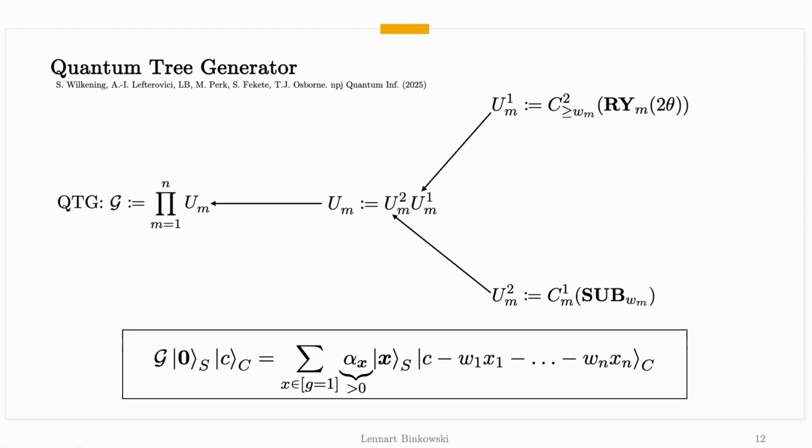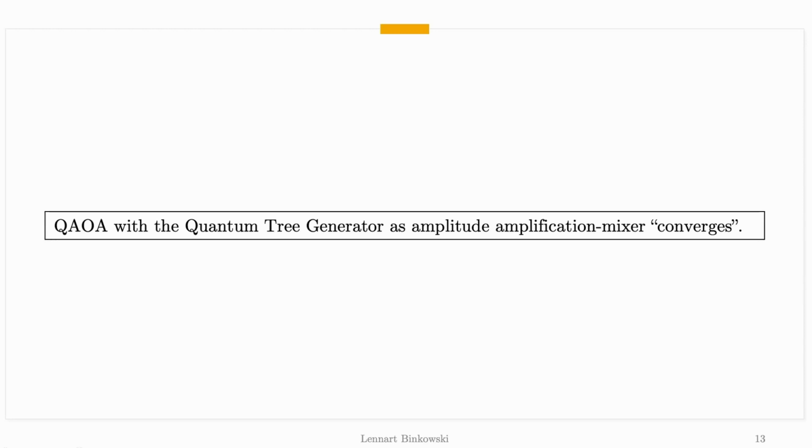And as long as I don't choose extreme values for these angles theta, such that I actually explore including, excluding items in proper superposition, then these amplitudes are strictly bigger than 0. Therefore, we can conclude if we use the QAOA with the quantum tree generator as amplitude amplification mixer, then this whole procedure converges in the sense discussed before.